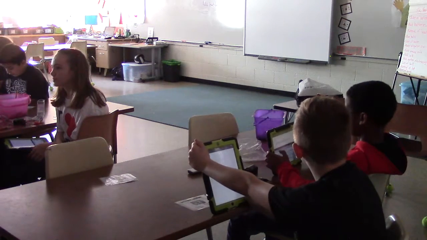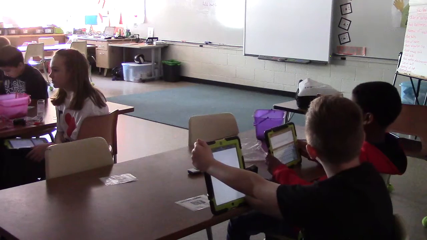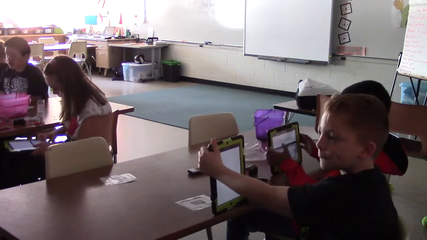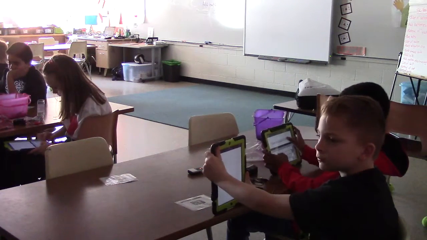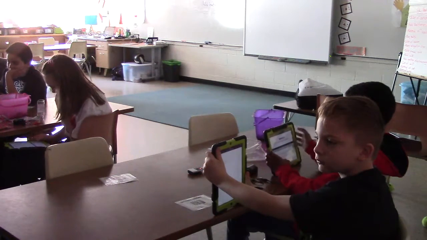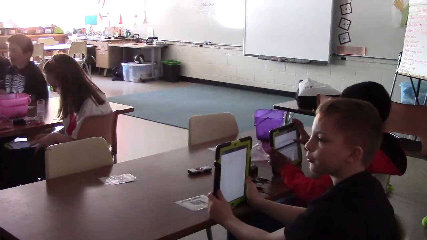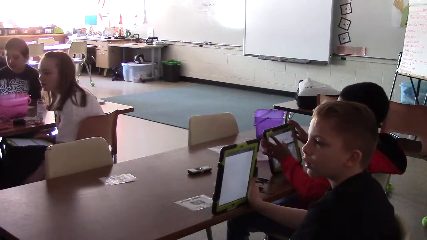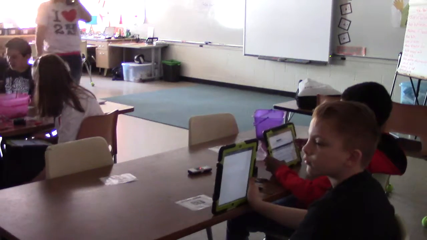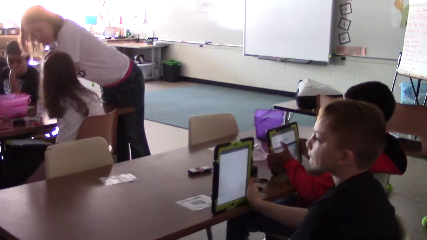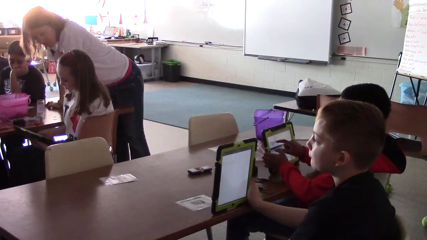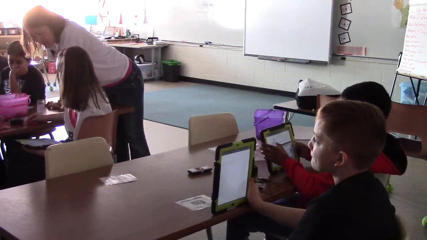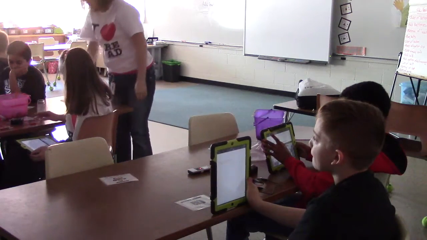Or could I just take an alligator clip? Different brands of batteries.